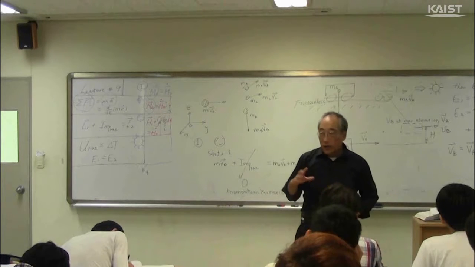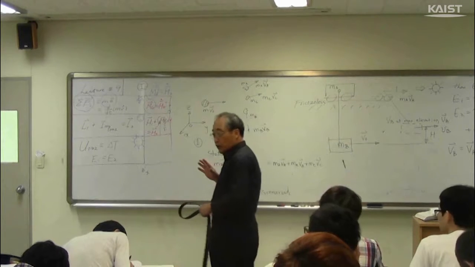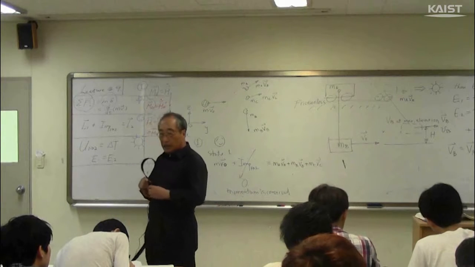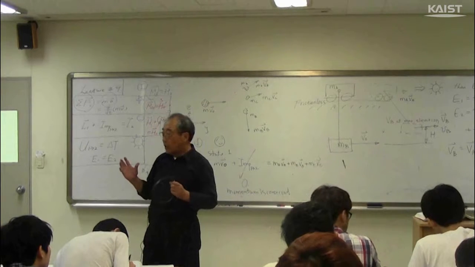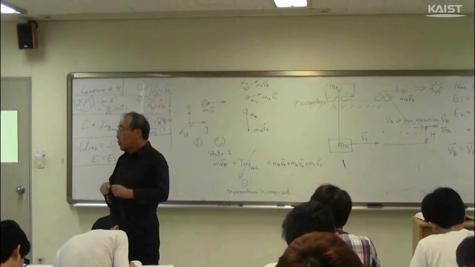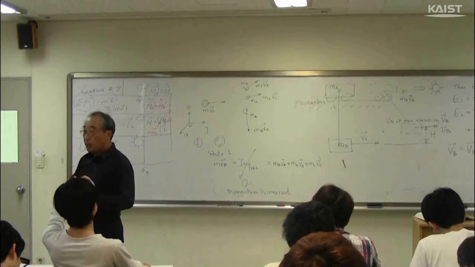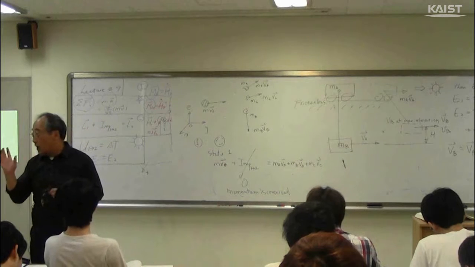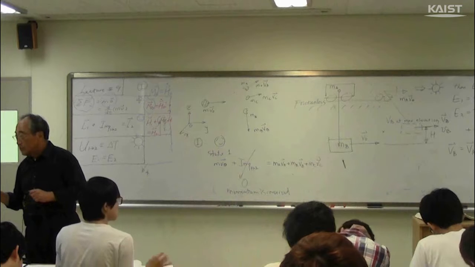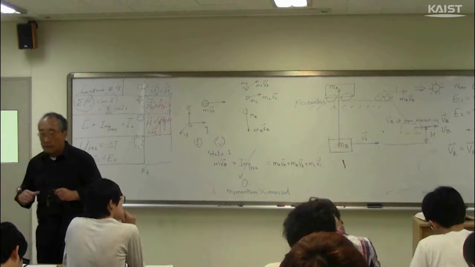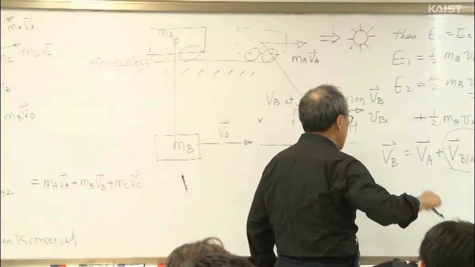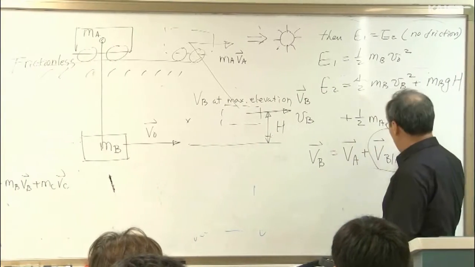Okay? So that problem teaches us a very important technique. When you get a complicated, rather difficult problem, you divide that difficult problem into what you know and what you do not know. Right? So this is what you do. So that is 0.